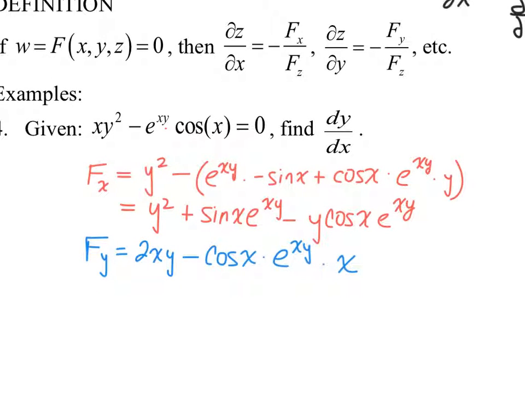All right, so what I'm looking for, and this is the beautiful byproduct of this concept, the derivative of y with respect to x. So again, our partials only come from the left-hand side of the equation, the part that's set equal to 0. They call that w. I think that's actually a lowercase omega.